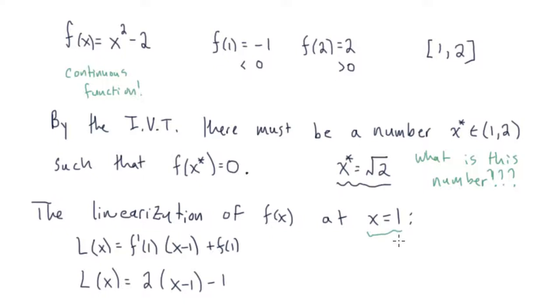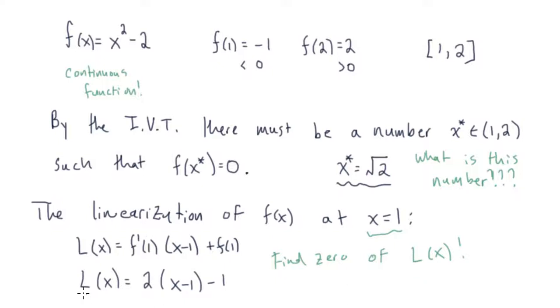So what we can do is, instead of finding the 0 of f of x, we can actually find the 0 of this function L of x, the linearization. So we'll find the 0 of L of x. But that's really easy to do, right?